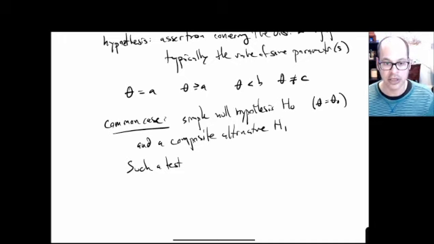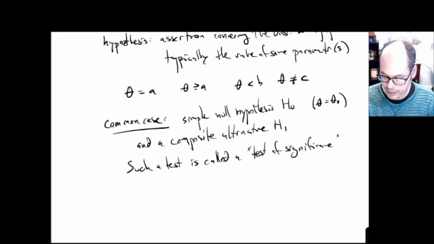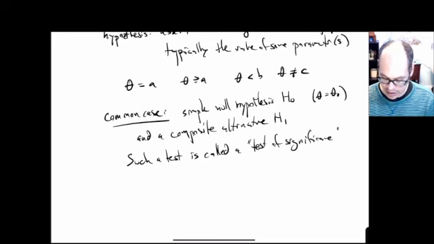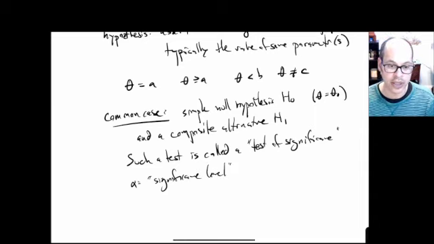Such a test is called a test of significance, and the alpha is called the significance level. Remember, alpha is the probability of a type 1 error.